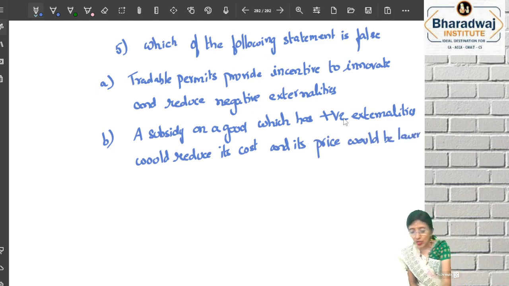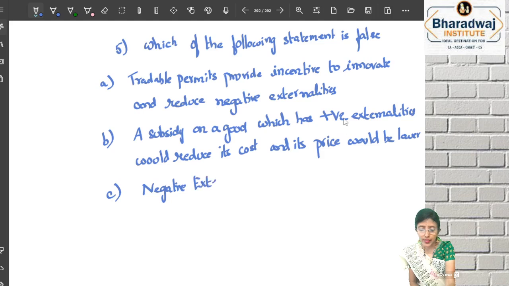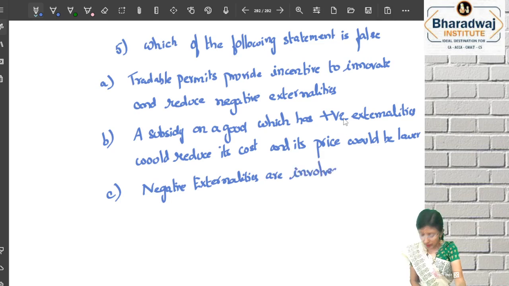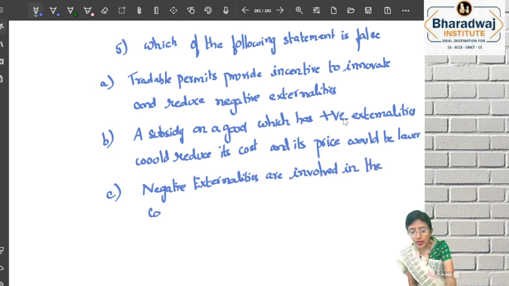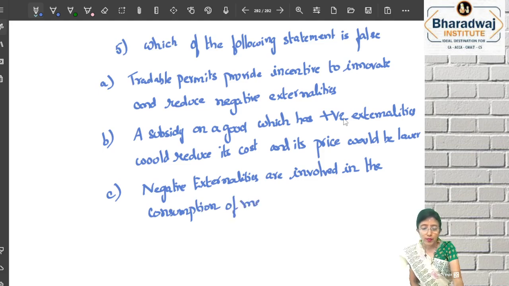Option C: negative externalities are involved in the consumption of merit goods.